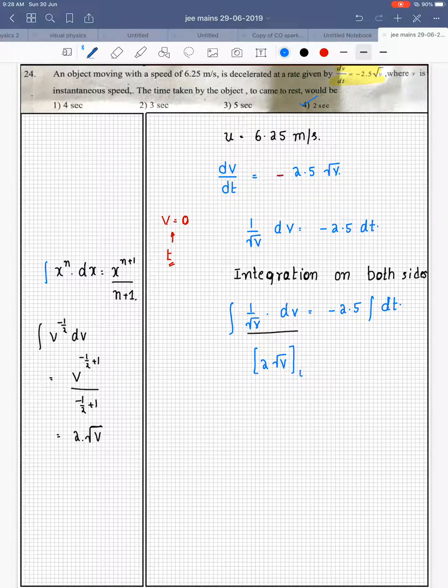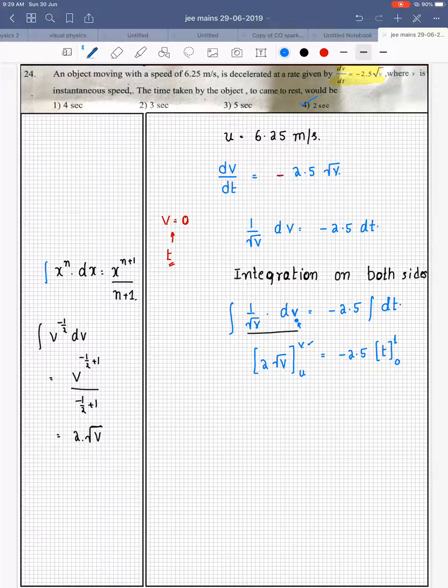Now you have to write the initial and final condition. So initial velocity is u, final velocity is v. Whatever variable we are having with d, you have to write its initial condition and final condition. Minus 2.5 integral dt is t, initially at time 0, and at time t the velocity will be the final velocity.